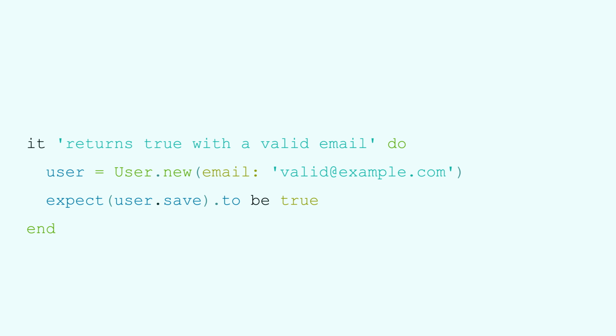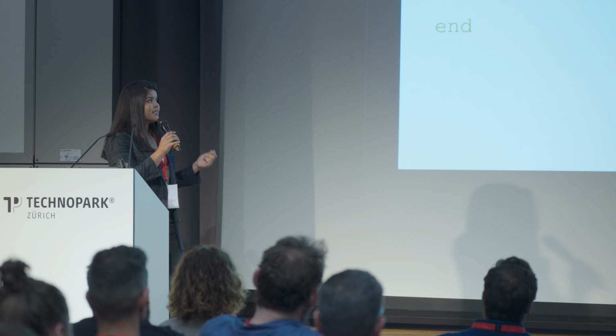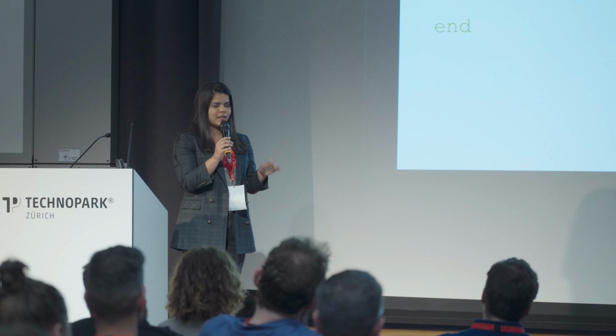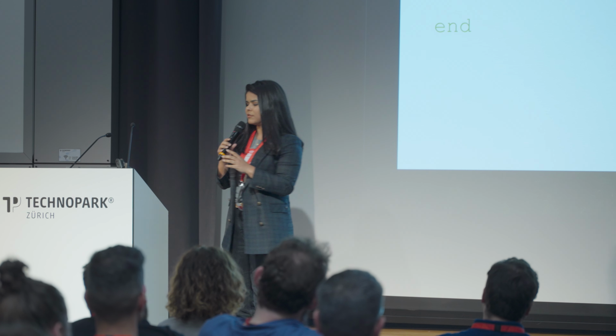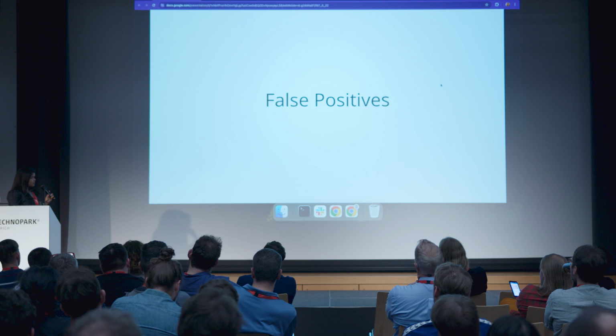So in this case, we want user.save to be true, so just write what you want straight away. Of course, it's fine, as I said, if you're just trying to fix a bug, write as you can, and then you can come back and refactor it and write it in the positive way.